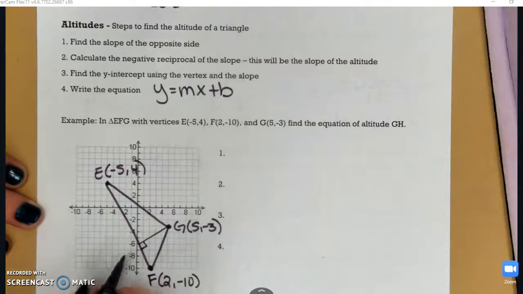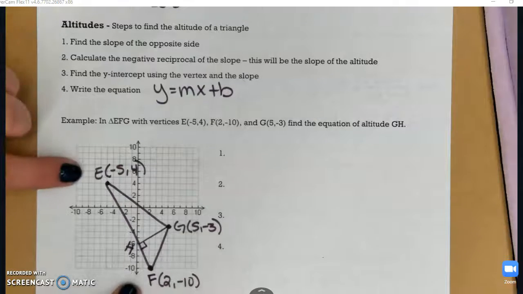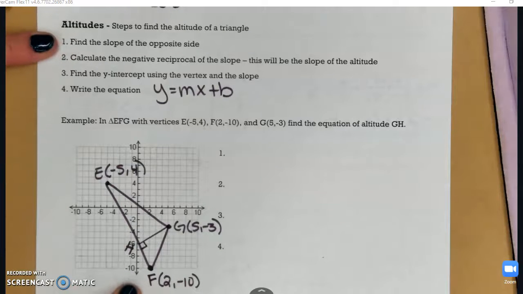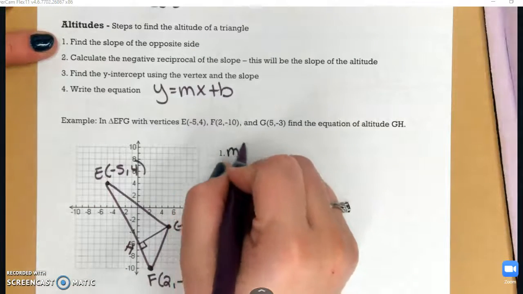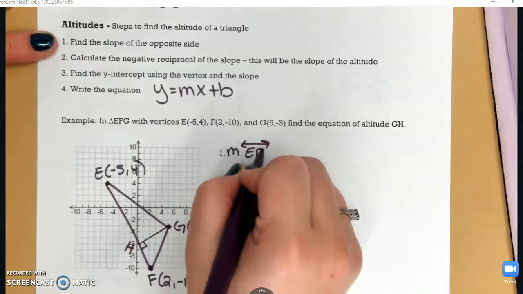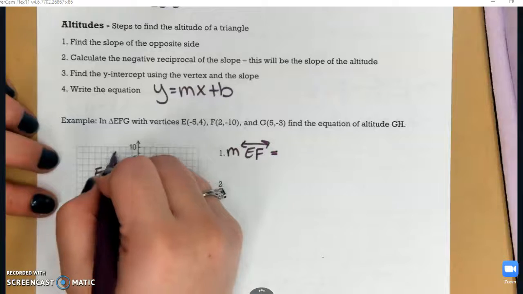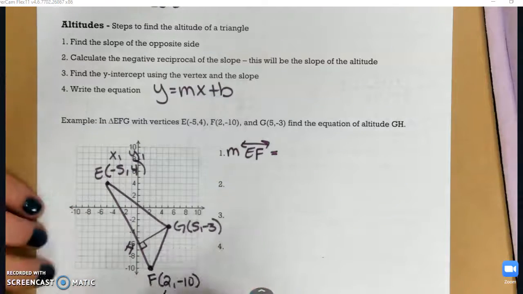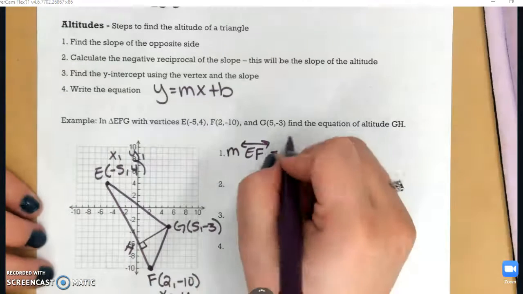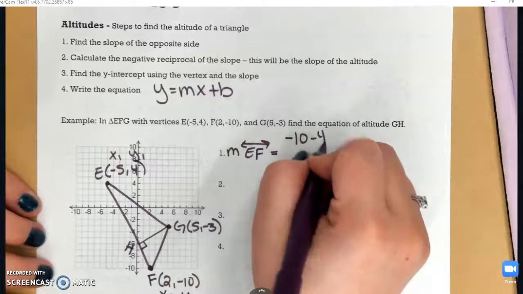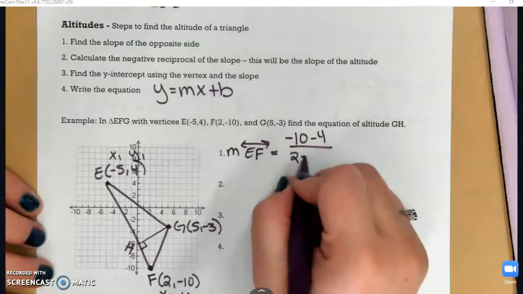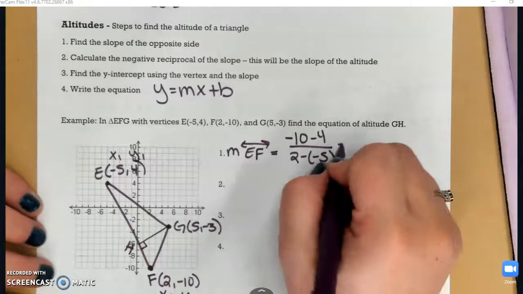But I see that my opposite side is side EF. So when step 1 says find the slope of the opposite side, that means I'm finding the slope of EF. So if this is x1, y1, this is x2, y2. So it's going to be negative 10 minus 4 over 2 minus negative 5.